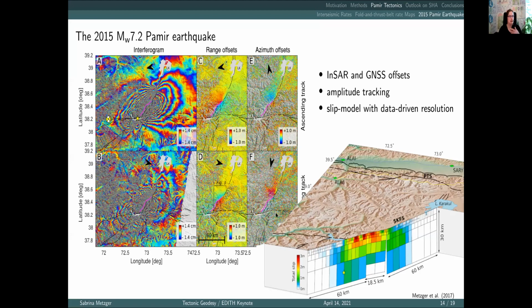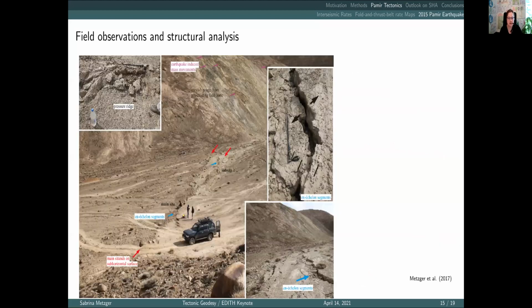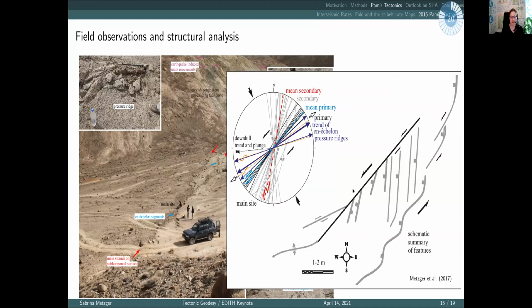There was no clean rupture on the surface, but there were a lot of en echelon secondary features and pressure ridges and so on, which overall, when you do a proper mapping, you see that the strike of these features aligns nicely with the focal mechanism and also the rupture direction as we modeled it and observed it in the InSAR data. So this was a nice agreement of field observations and also radar interferometry.